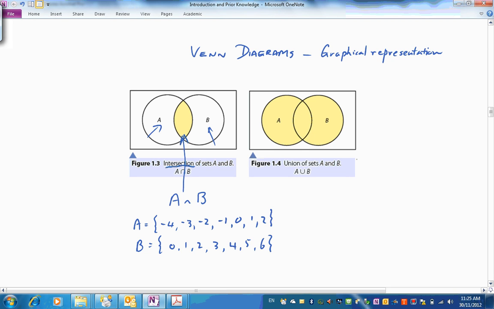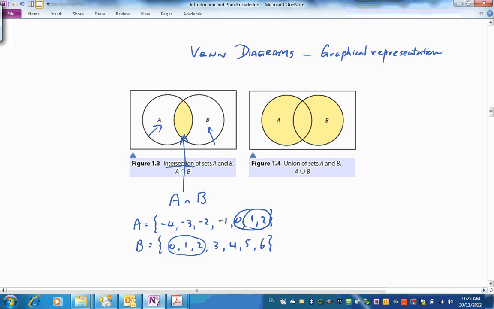And you can see that these two sets do have elements in common, or they do intersect. So here, just include the 0 there. So we would have an intersection here.